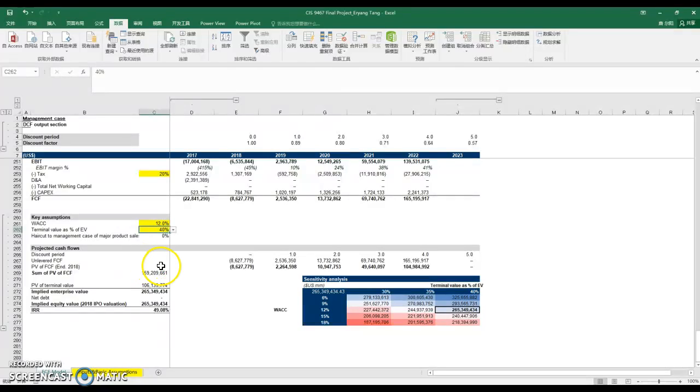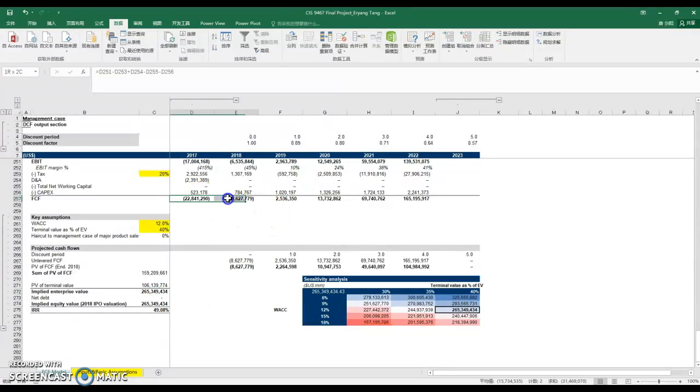So we can finally have our discounted free cash flow of the firm. And after adding the PV of the terminal value, we're getting an implied enterprise value of $265,349,434. This is quite phenomenal.